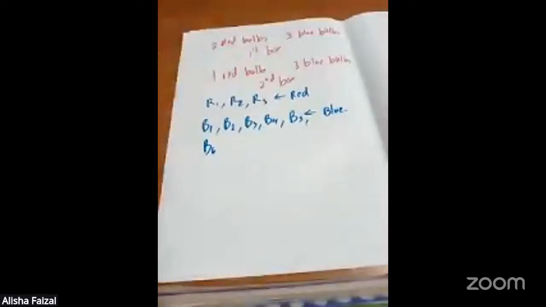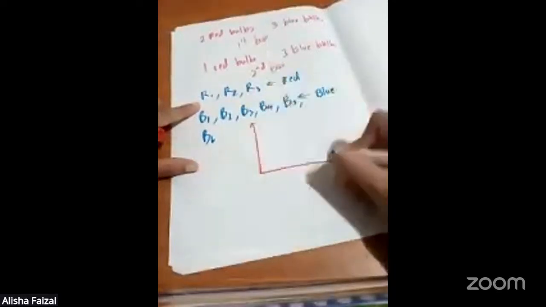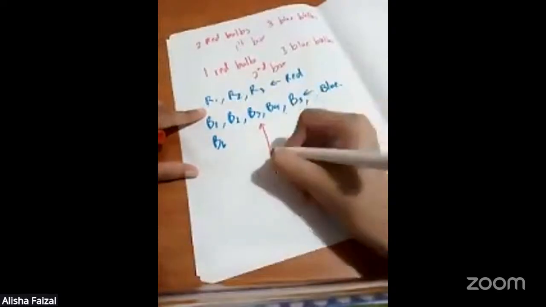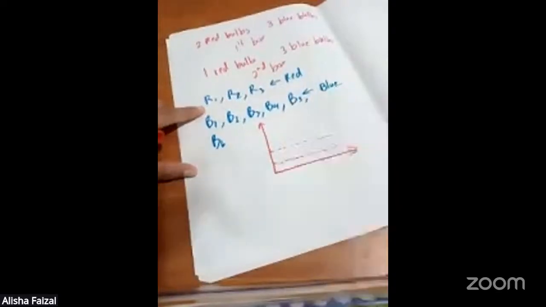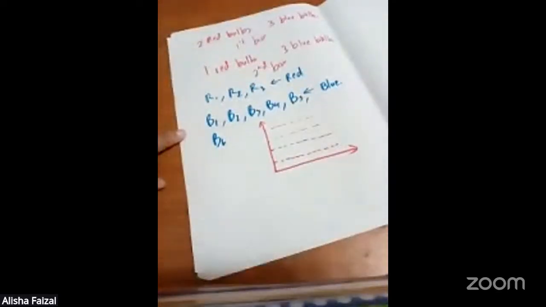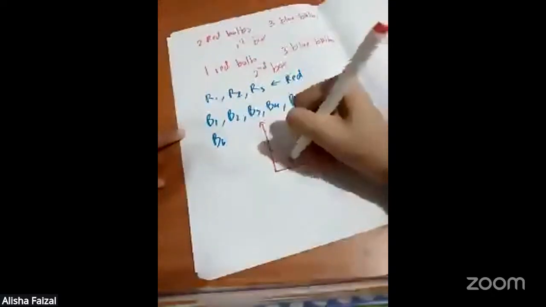Now you can see in the paper itself, they have given a graph thing, like dotted lines like this.